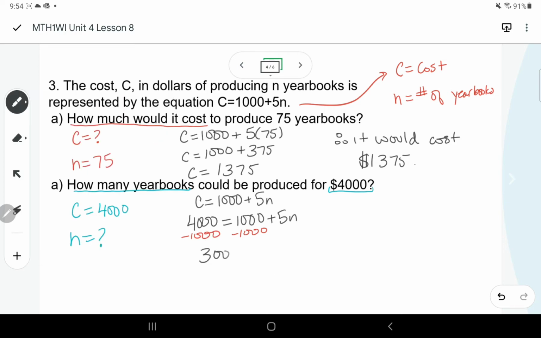So now I have 3,000 equals 5N. And then opposite operations is divide that by 5. So N equals, I think that would be 600. And then a therefore statement. Therefore, you can produce 600 yearbooks.